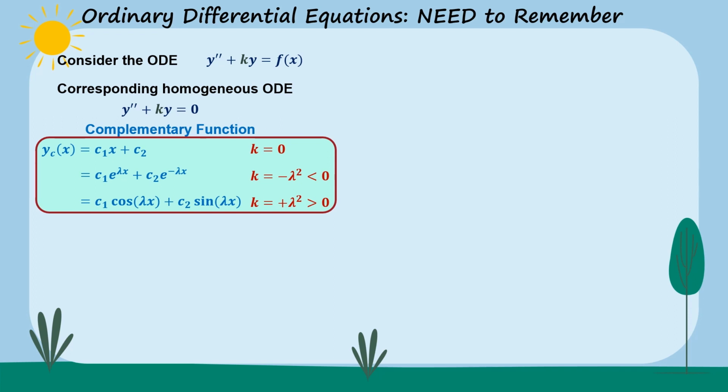The complementary function will not change because the homogeneous equation will not change. So you have to remember this. If you need time again, just take a pause here and remember that, because we will use this expression again, or we'll recall it, when we solve the Laplace equation.